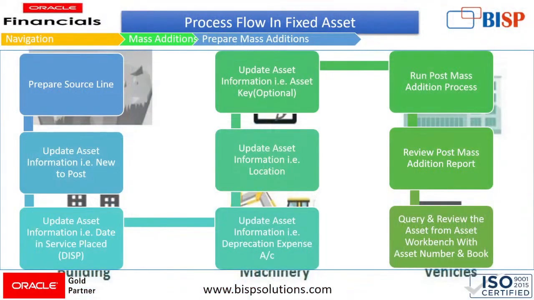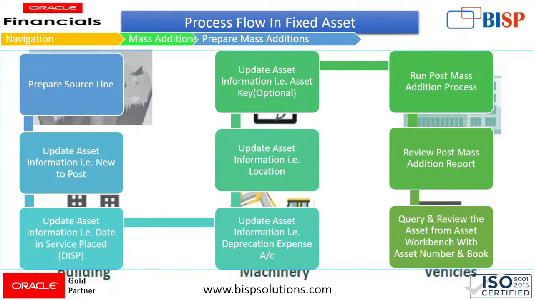So this is the flow. In the fixed assets, we prepare the source line, we update the asset information that is new to post, then we updated the asset information and put in service date. Then we provide depreciation expenses account, then we provide the location. The asset key option is optional, and then we save our work.